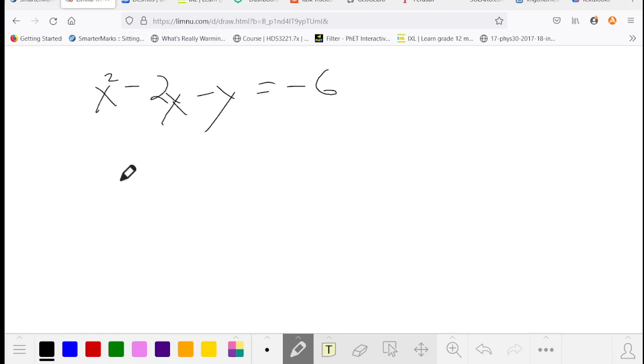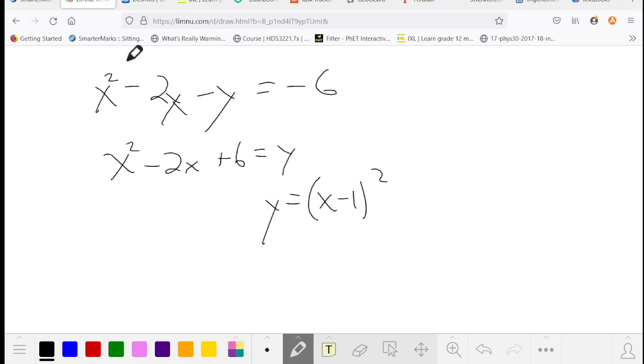And the reason I did that, we can now isolate y. And our second equation is y equals x minus 1 squared plus 5.